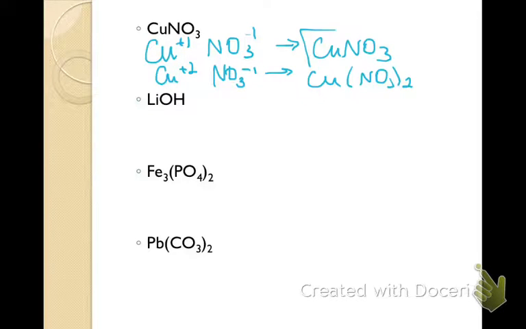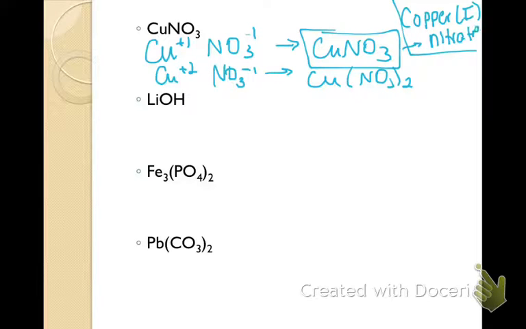So this one was the first one that we had, or the one that matches up with the problem. So this one we will name as copper. It's Roman numeral 1 because it's the +1 version, and the NO3 is nitrate, so copper 1 nitrate. Alright, so that is your answer.